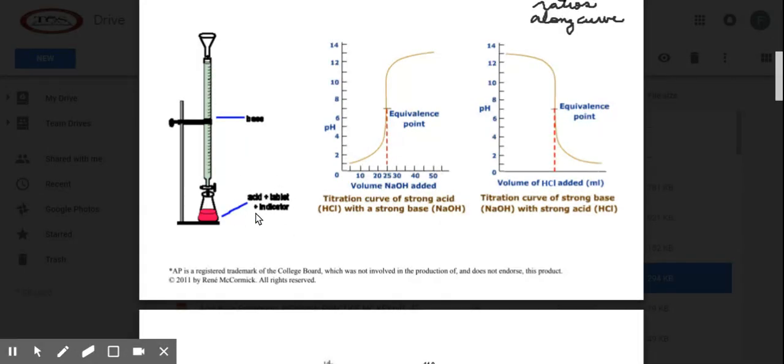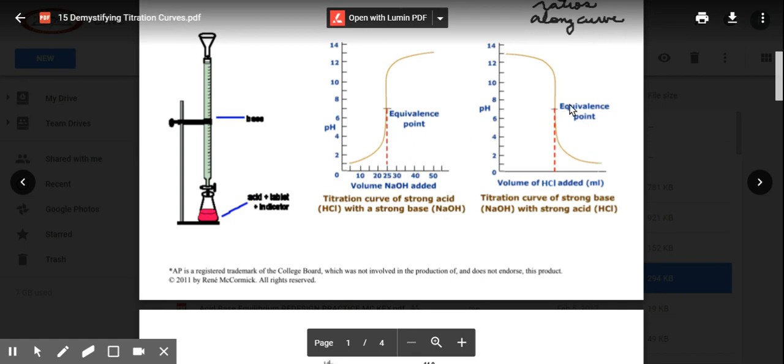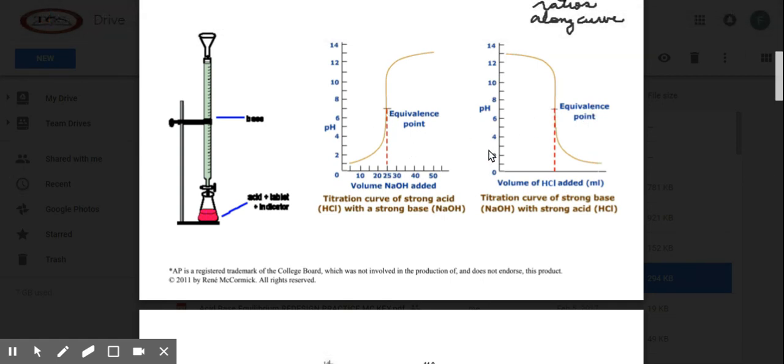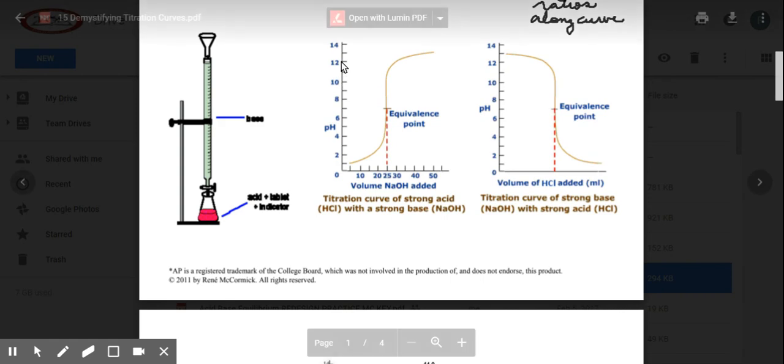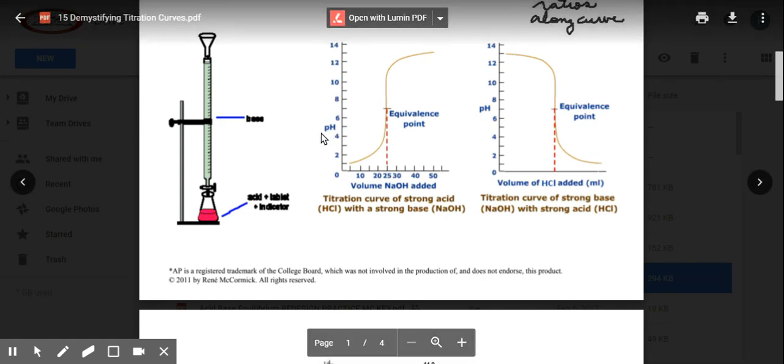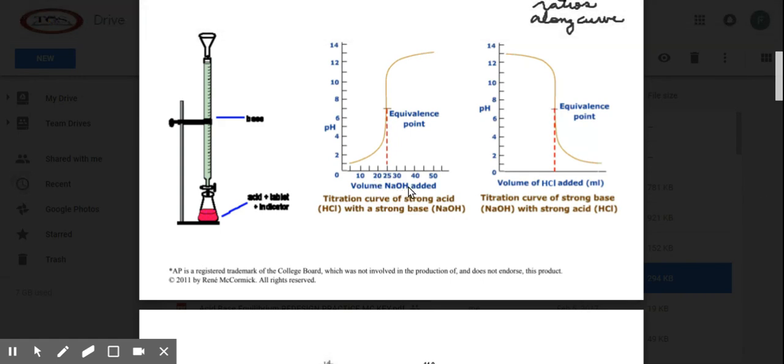Also, just a review, we also need the appropriate indicator in our flask in order to figure out what the equivalence point and the endpoint is, which are the same as long as we have the correct indicator. So what I want to do is look over to the right at these two titration curves. First of all, your titration curves are going to have pH on your y-axis and volume of your titrant, whatever is in your burette, on your x-axis.